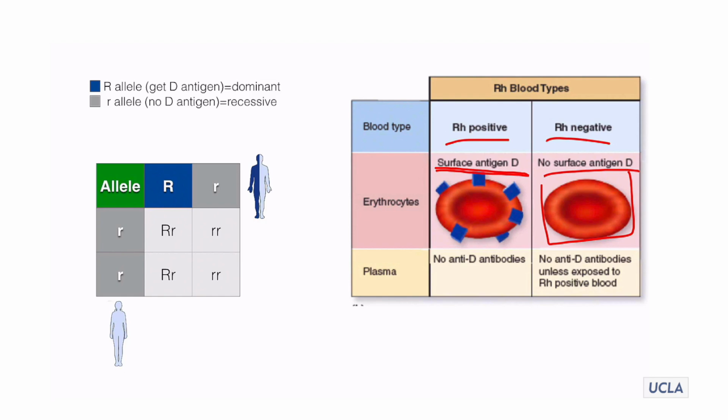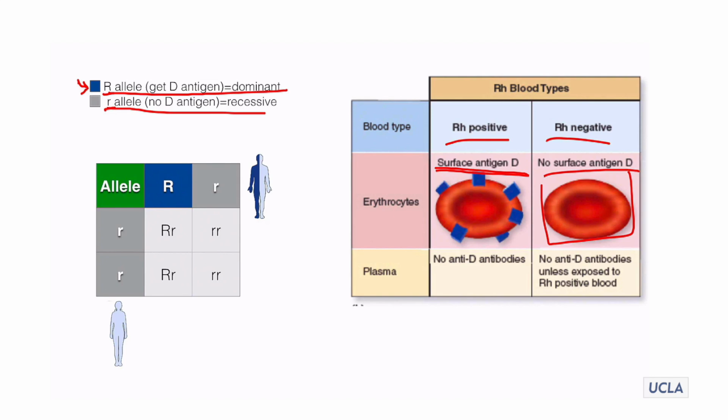And this is a slightly different genetic scenario because you only have two alleles. You have one dominant, capital R allele that would give you the D antigen. That's dominant. And then you have your lowercase r allele that is recessive. So unless you have two copies of that, you'll have Rh positive blood.